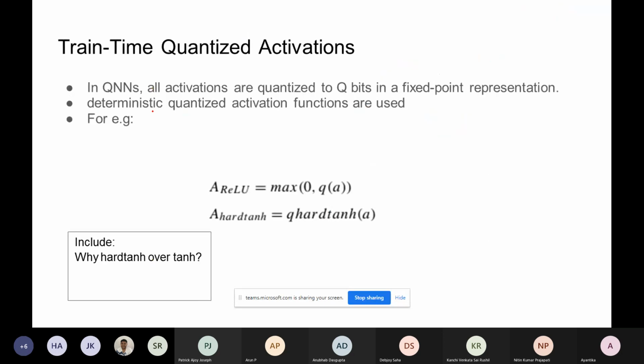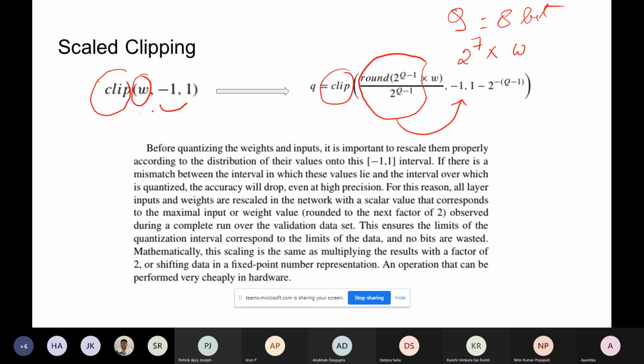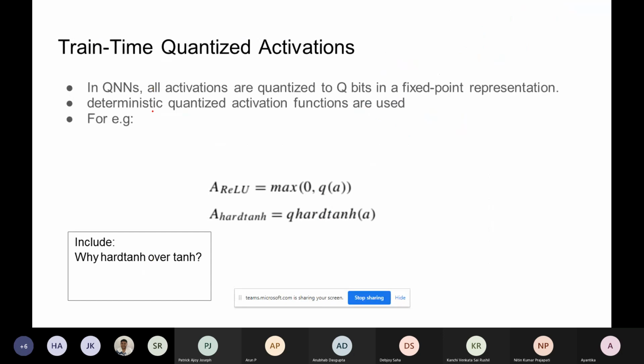Not only the weight, also your activation inputs when you are talking about clipping. Next, you are also applying quantization on your activation function outputs. If you are applying this quantization on your activations, basically you are providing the input to your activation function as a quantized input.